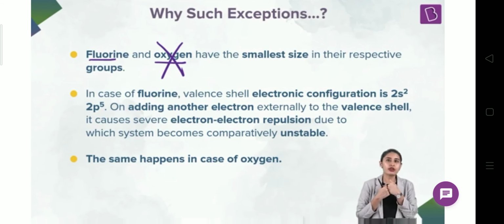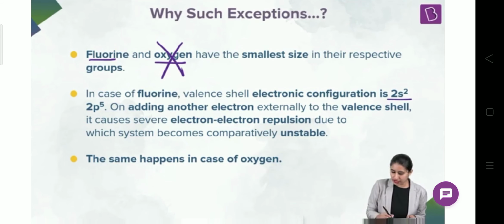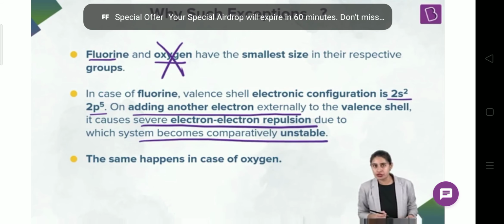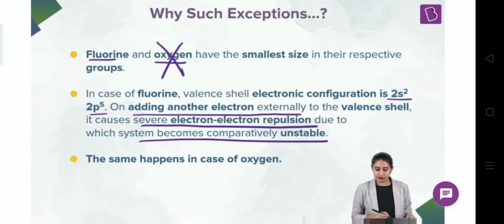In case of fluorine, the valence shell electronic configuration is 2s2 2p5. On adding another electron to the valence shell, it causes severe electron repulsion, due to which the system becomes comparatively unstable. That happens in the case of oxygen also.